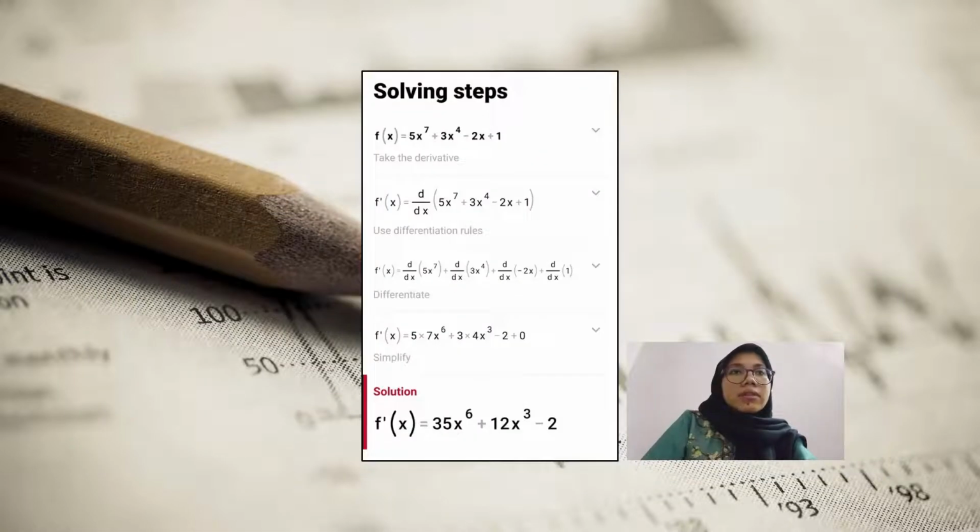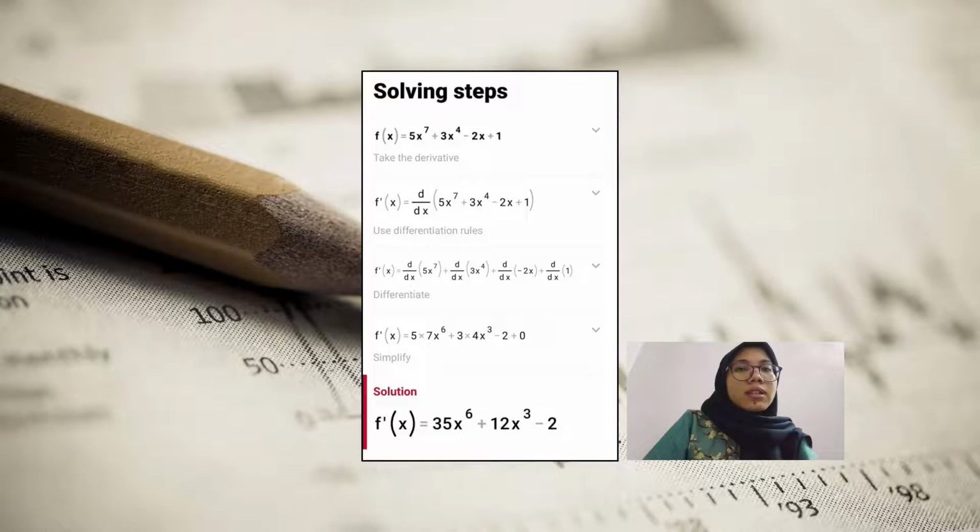For this step, let's take the derivative of f(x) equals 5x power 7 plus 3x power 4 minus 2x plus 1. Then we use the differential rules: f prime x equals d over dx of all the functions, differentiate it, and simplify the function in the bracket. f prime x equals 5 multiplied by 7 x power 6 plus 3 multiplied by 4 x power 3 minus 2 plus 0.